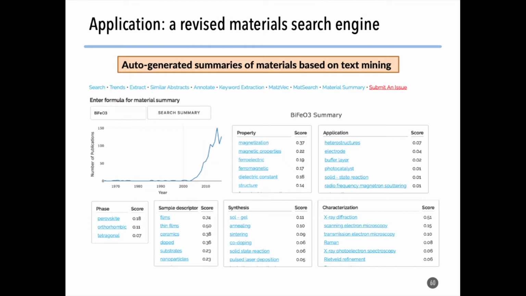The applications are heterostructures. In fact, it's also a photocatalyst, which a lot of people in this community typically don't focus on. The phases it's known for are perovskite, orthorhombic and tetragonal. These are the synthesis methods it's typically made with, and these are the characterization techniques often applied. You can click any of these links and it will show you which papers are relevant to that topic on this material.